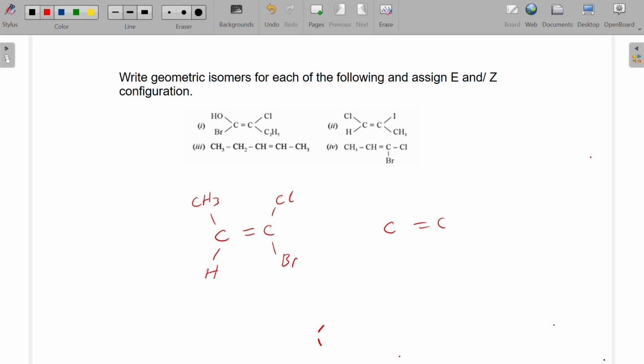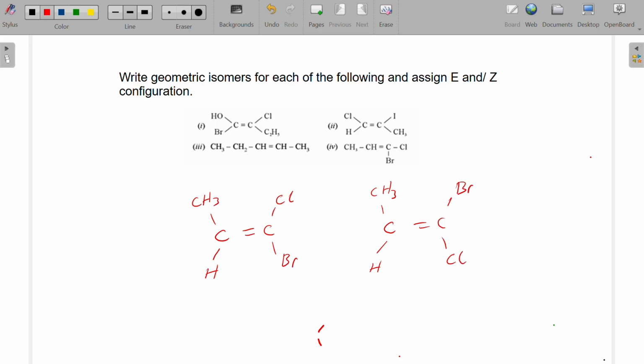After doing this, we can draw the other isomer, and we'll just say we have C and C. We are switching one side. I'll switch the right side this time again. Put an H there, put my CH3 there. And then on this side, I'm going to switch them. Put my bromine here.